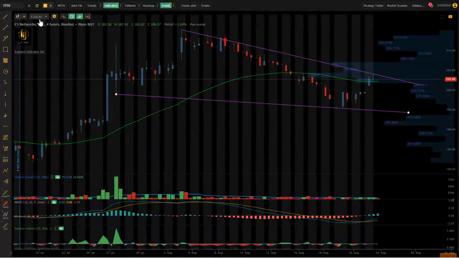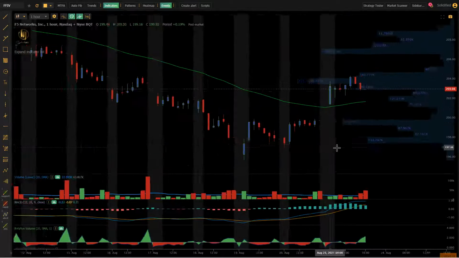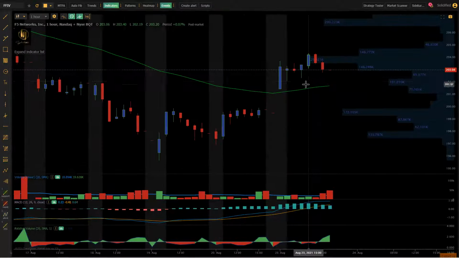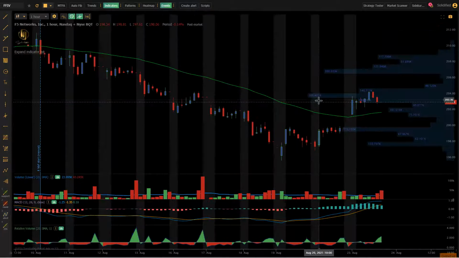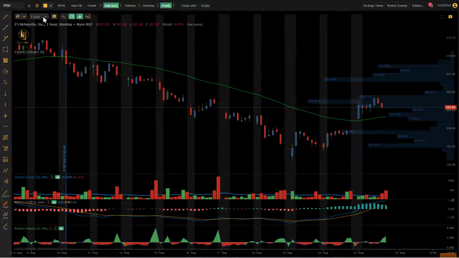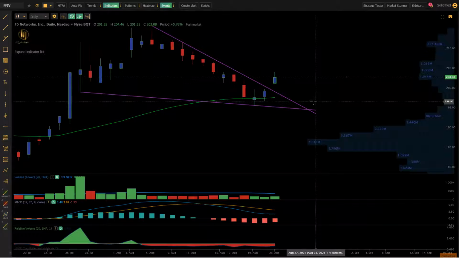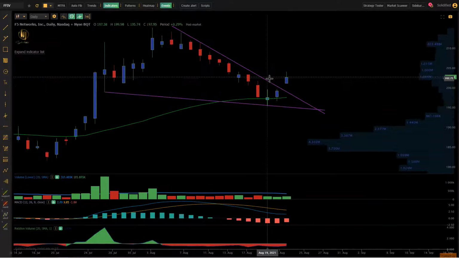Let me give you some price targets. Hourly too. Yeah, I like this chart. We'll go back to the daily and put some price targets here for you. So this is what I see. Take out the high of the day. So it's the trigger right here.